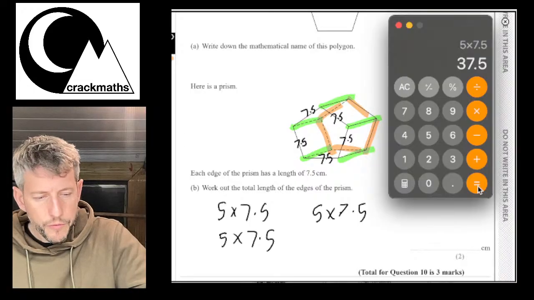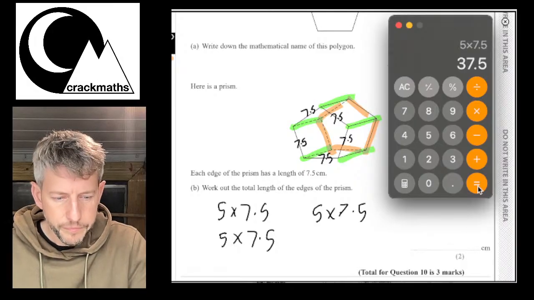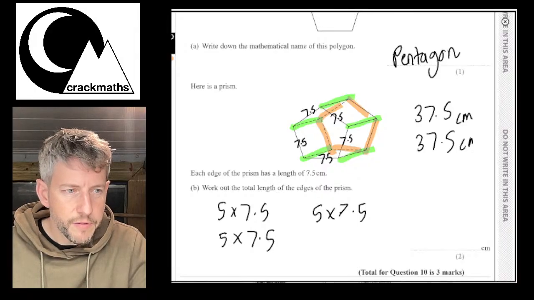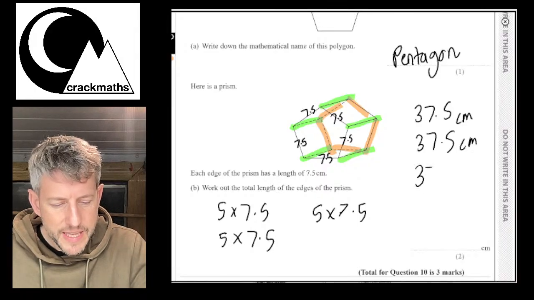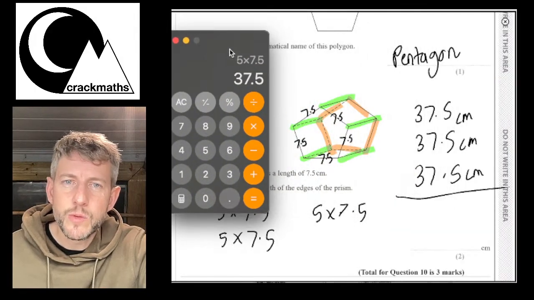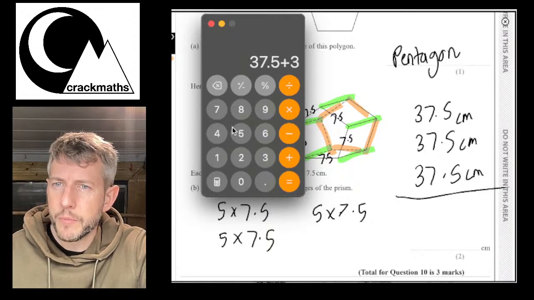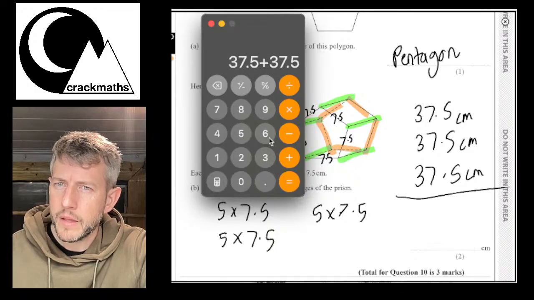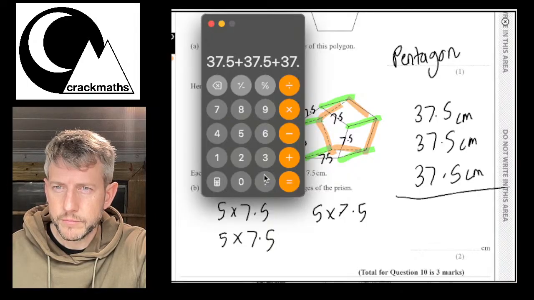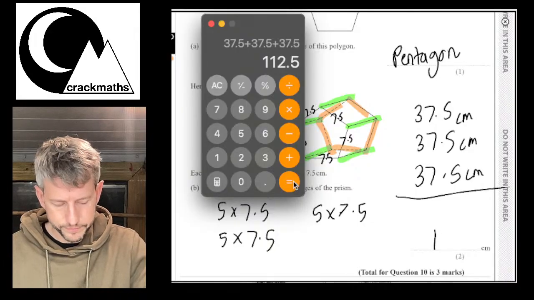Okay, so we're going to have 37.5 centimeters for all the edges on the front, 37.5 centimeters for all the edges in the middle, and 37.5 centimeters for all the edges on the back. So let's add these all together and see what we get. So 37.5, add 37.5, add 37.5. And here we go, that's 112.5.